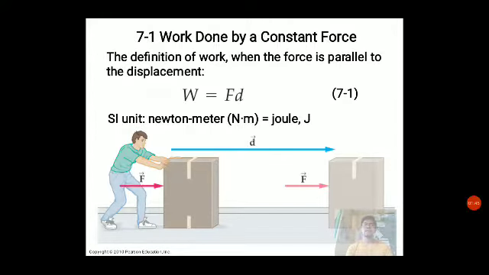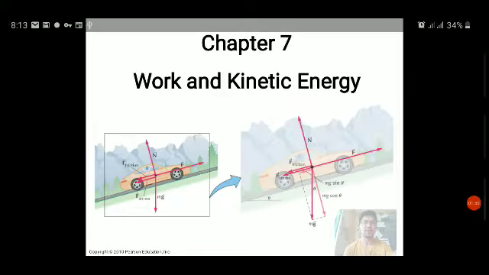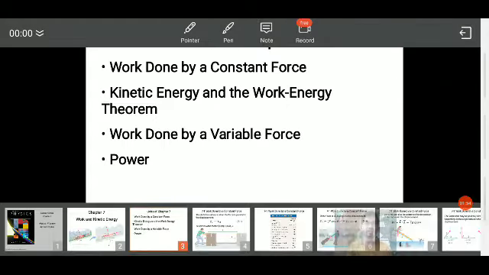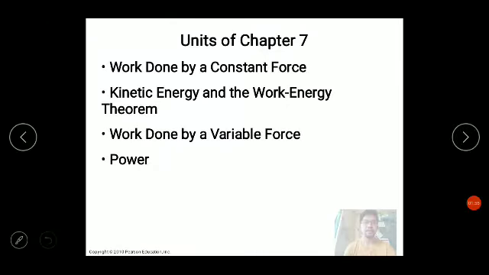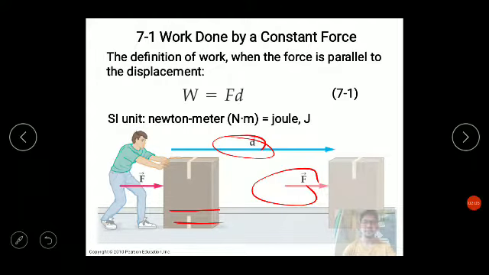There is work done on the system if the force and the displacement are parallel. They must be parallel with each other. If they're not parallel, then we cannot define work.